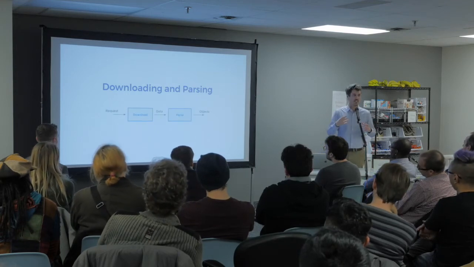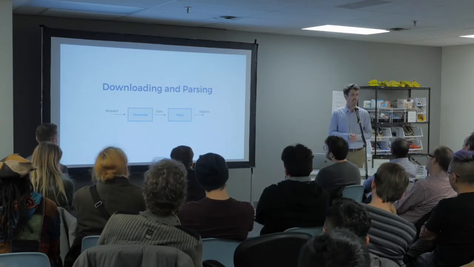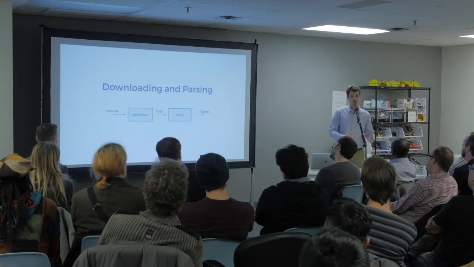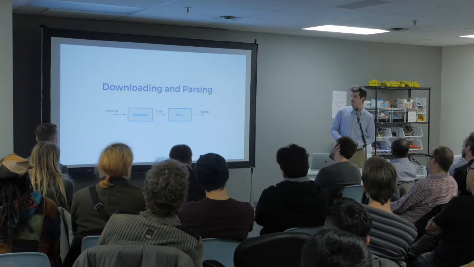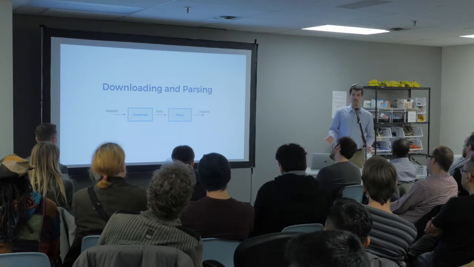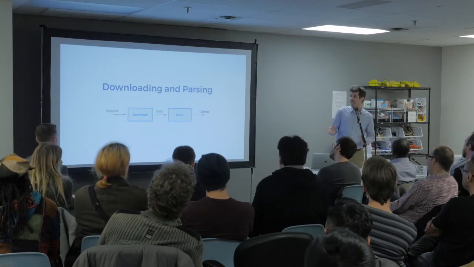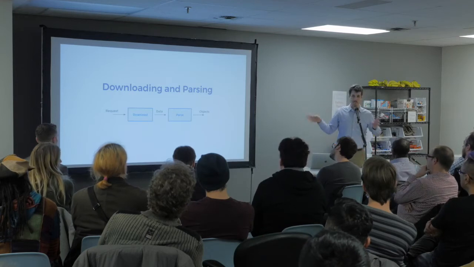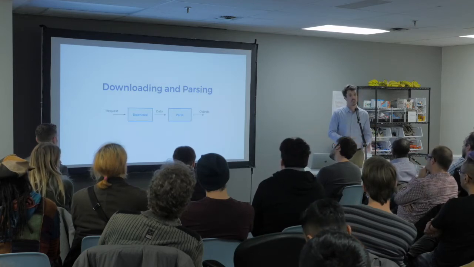this is actually two different units of work here. You have one unit that's downloading and you have one unit that's parsing. So this is another way that we can take downloading and parsing and then break it down even further. What's interesting here is that both of these blocks in this diagram, downloading and parsing, are useful on their own.